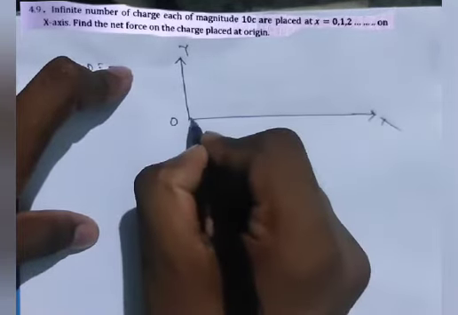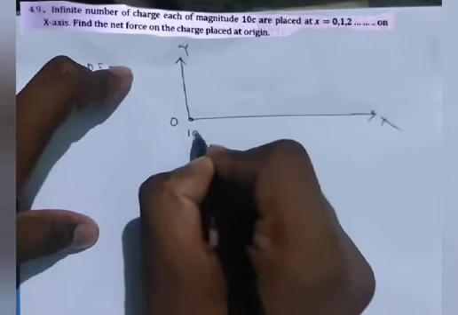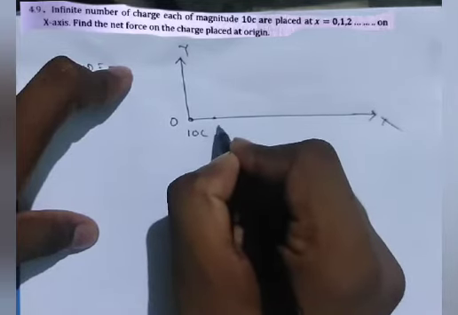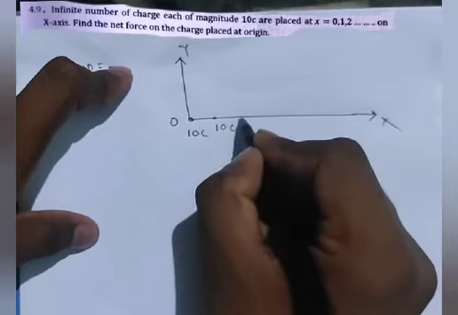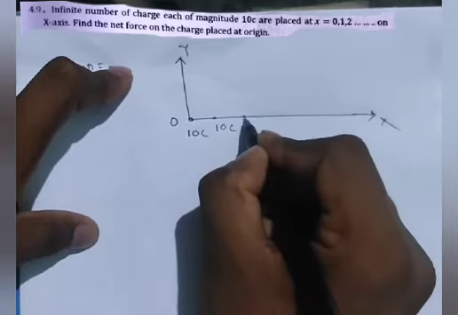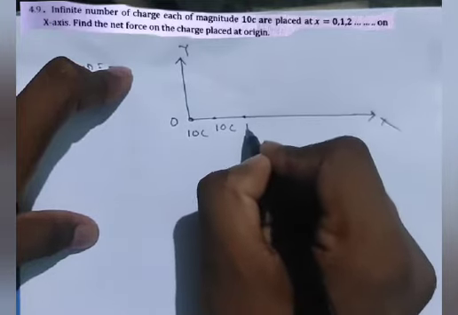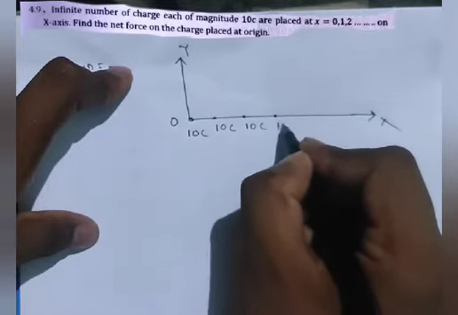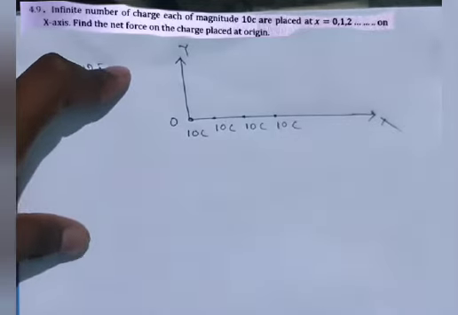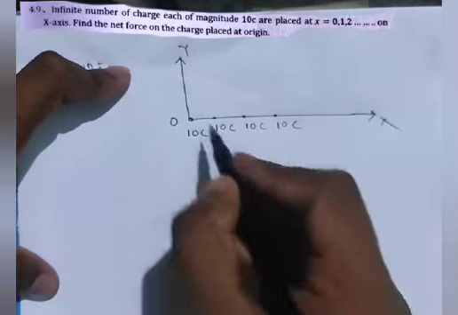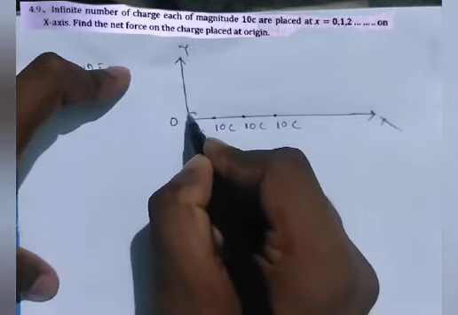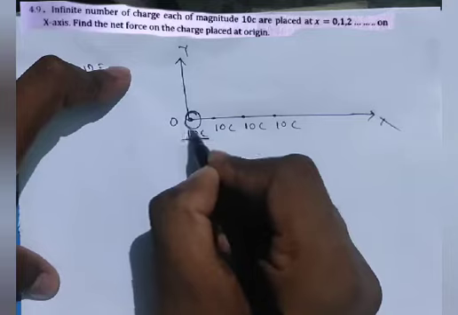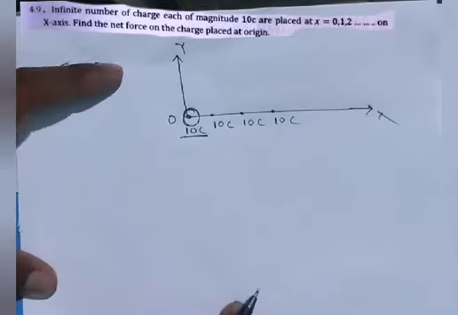One is placed at the origin with charge 10 coulomb. The second is placed at a distance of 1 meter with charge 10 coulomb. The third is placed at a distance of 2 meters, and the fourth at 3 meters, each with 10 coulomb, and so on. The question asks us to find the resultant force on the 10 coulomb charge situated at the origin due to the other charges.